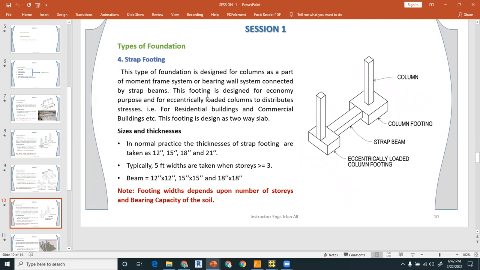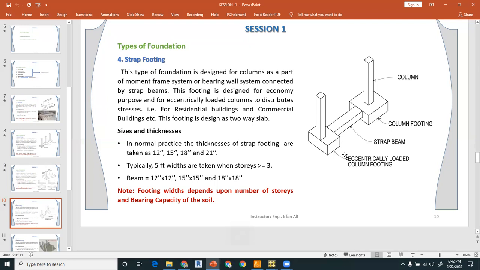And this footing is designed for economy purposes, or the other purpose is for eccentrically loaded columns, to distribute the stresses, right? And another important use of this strap beam is to decrease the punching demand coming from the building.